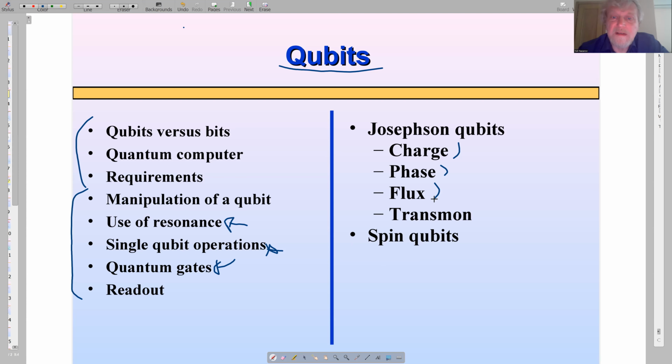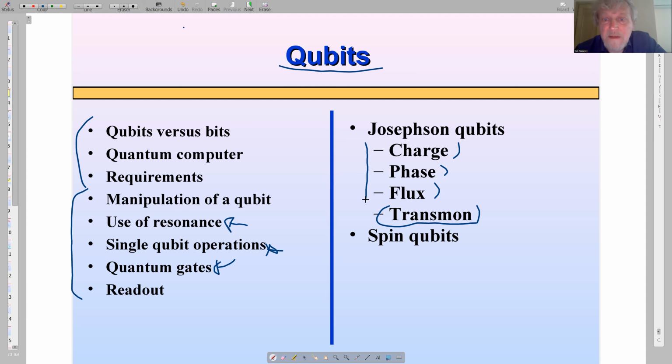At the moment, it looks like the last one, the transmon configuration, is the most practical, and modern Josephson qubit schemes generally implement transmons, but it's also fun from a physical point of view to go through all different realizations just to understand how you could make a qubit from eventually any quantum system.